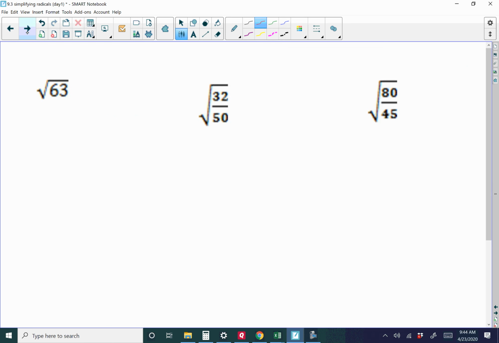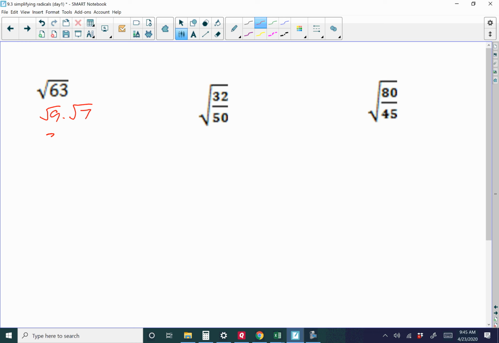Square root of 63. 63 has basic math facts, right? What times what gives you 63? 9 and 7, right? So this is square root of 9 times square root of 7.